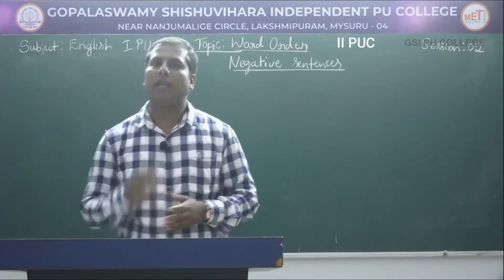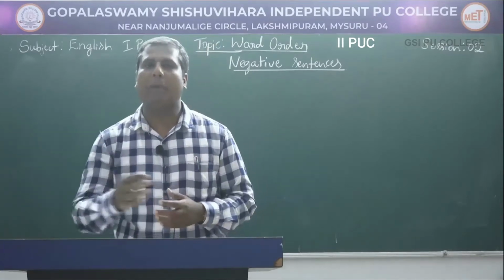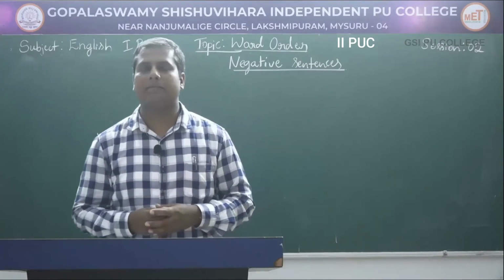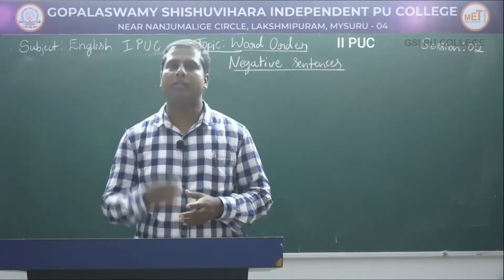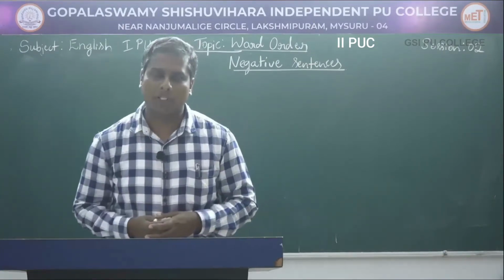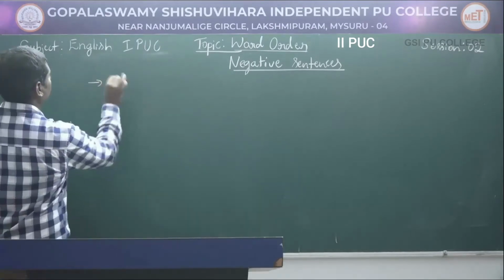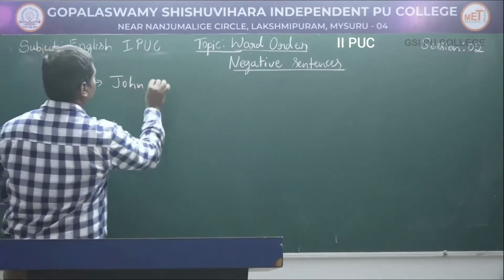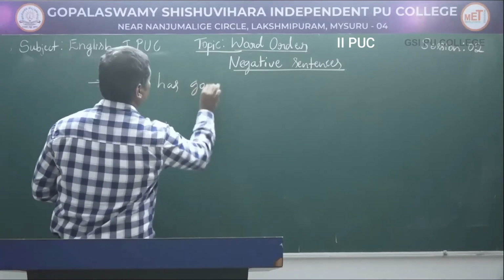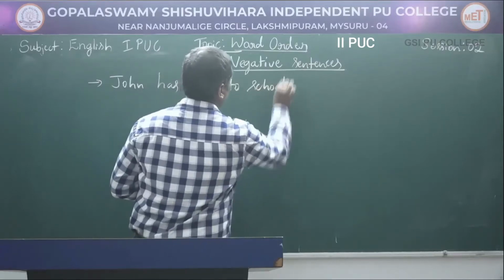Now let us move on to the next question pattern, that is rearranging of words to make negative sentences. In negative sentences, the basic word order for subject, verb and object is the same as in positive statements or sentences. For example, John has gone to school.